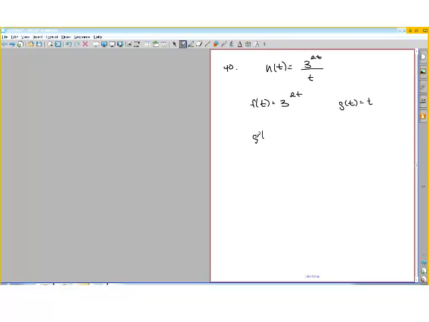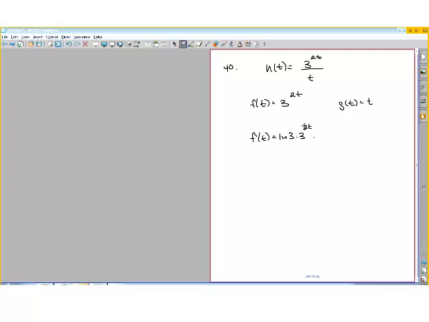So just like with the product rule, we take the derivatives of each term in the quotient. So when we have a base other than e, we always put the natural log of the base, and then you multiply by 3 to the 2t. The only difference is now we use the chain rule.